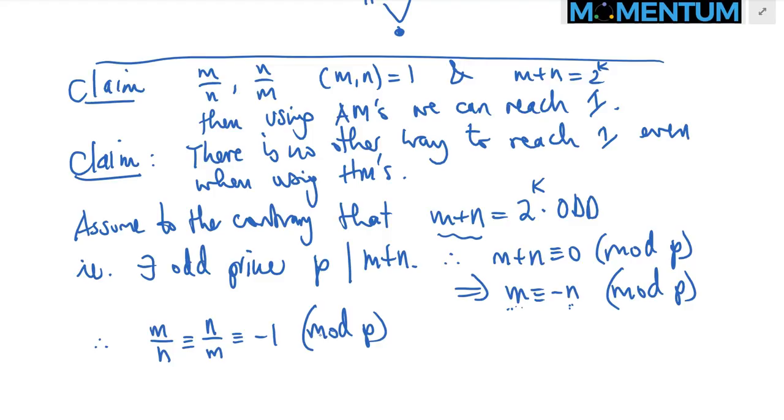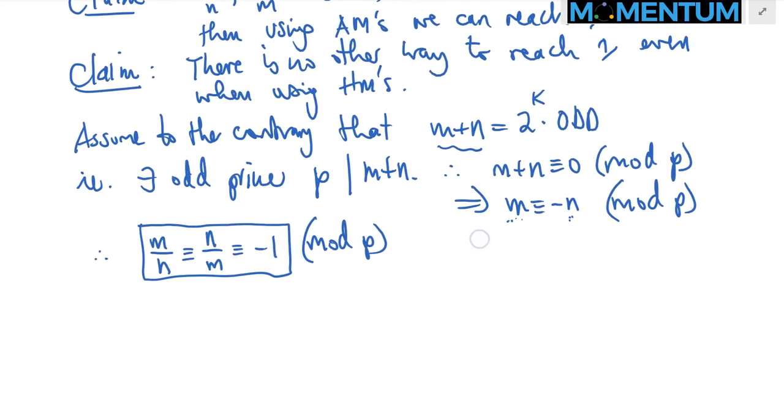And it turns out that this is like an invariant. In mod p, not only the starting rational numbers, but all the rational numbers that we can obtain by combining these two, using either the arithmetic mean or the harmonic mean, will always give you negative 1.